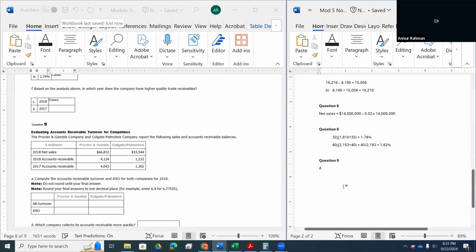So accounts receivable turnover is your sales divided by average accounts receivable.